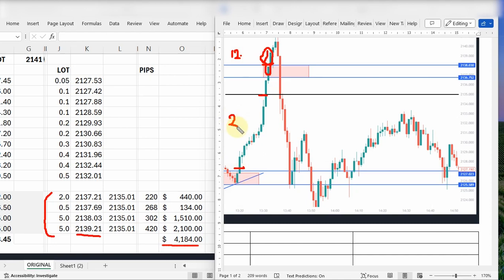That's what happened. So the market moved and retraced. Now look at this. When the market moves to 21.35, which is this line you're seeing here, look at how much is left in your account: 4,184.